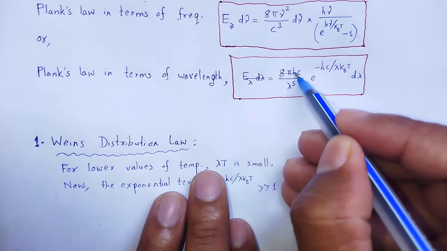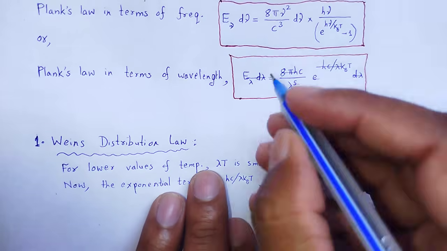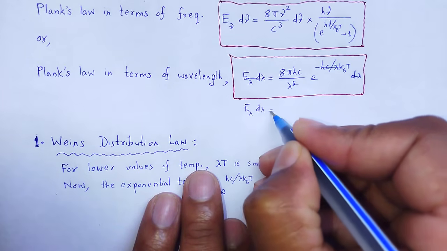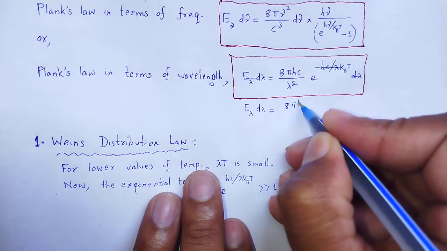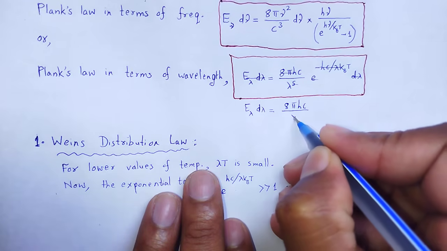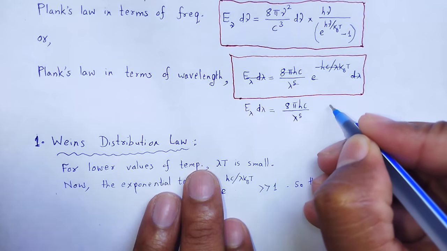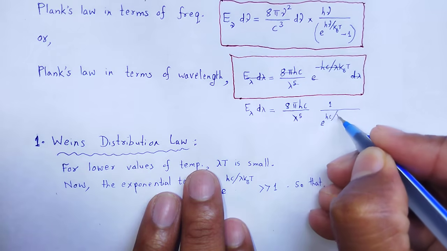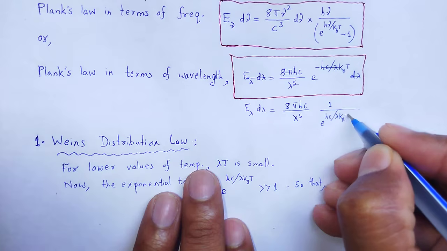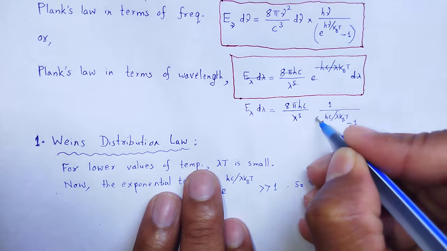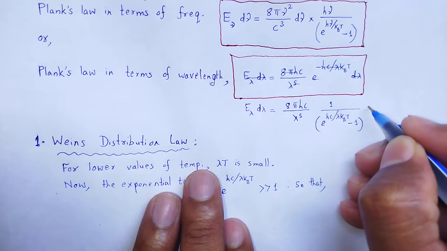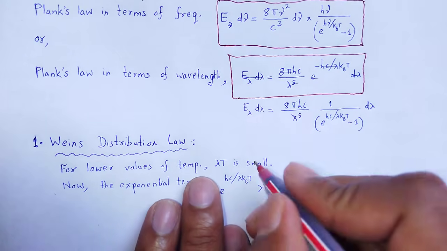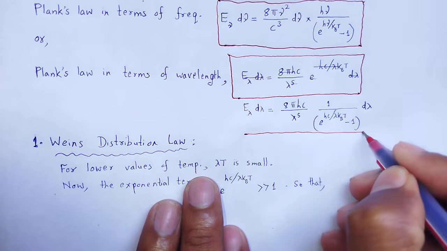Here E lambda d lambda is equal to 8 pi h c divided by lambda to the power fifth, 1 divided by e to the power h c divided by lambda kBT minus 1, d lambda. That is the expression of Planck's law in terms of wavelength.